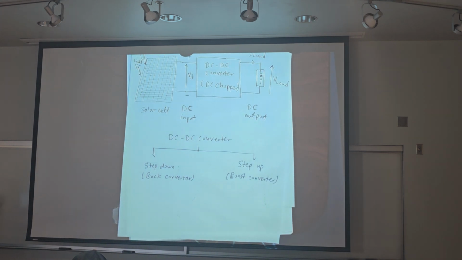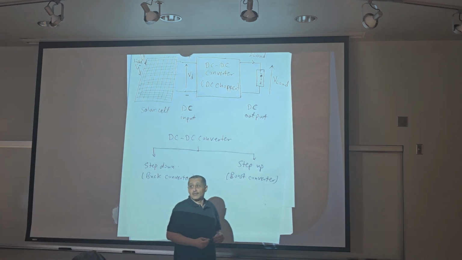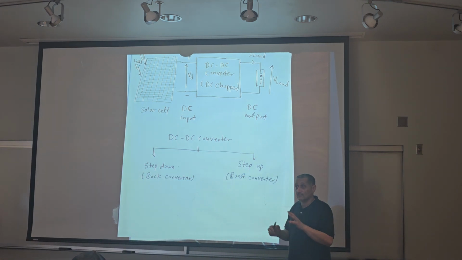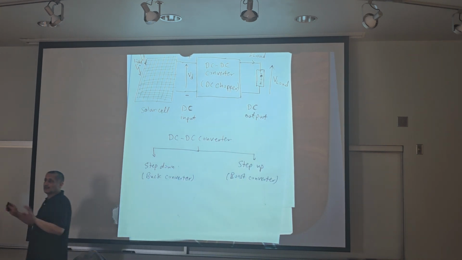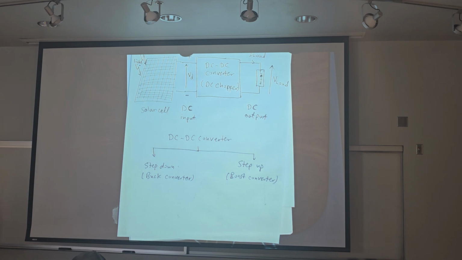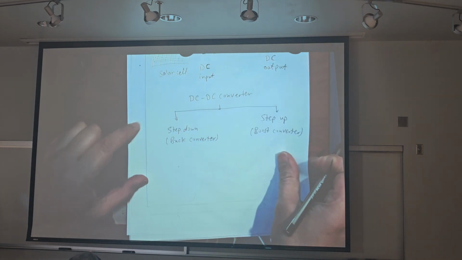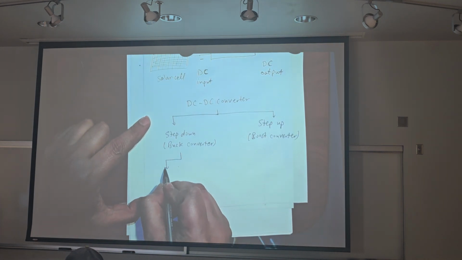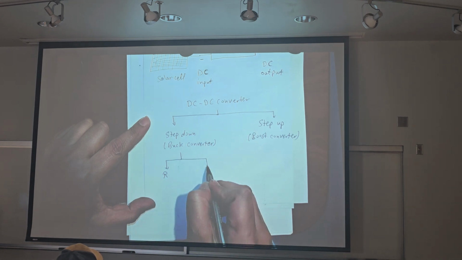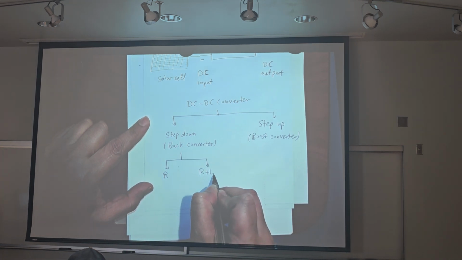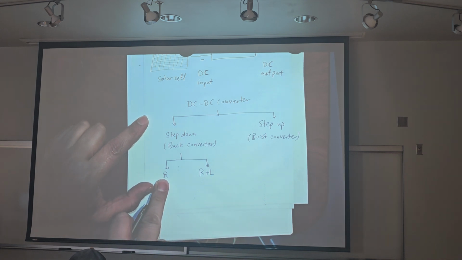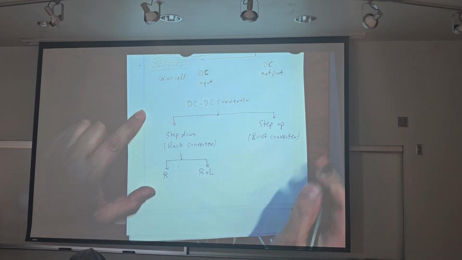This is in general, but there are a lot of types of DC to DC converter, but we will focus on these. Okay, and for step down, we will focus on a load of R or R plus L, resistor only or resistor with inductor.